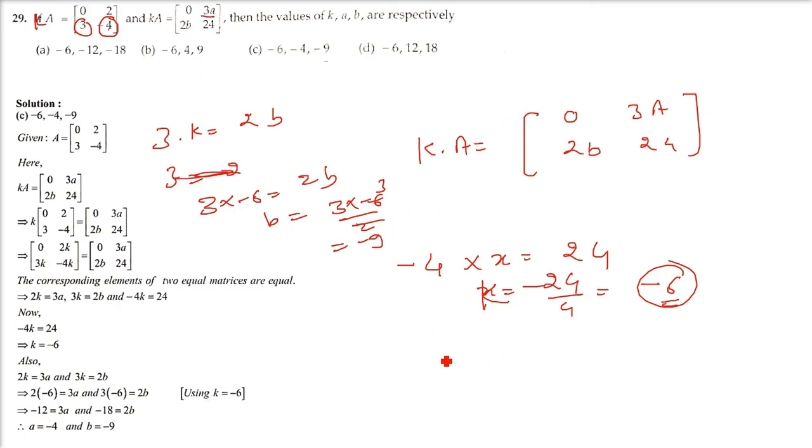And 2 multiplied by k is 3a, so a is 2 into minus 6 divided by 3, which is going to be negative 4. So this is how the values of k, a and b have come.